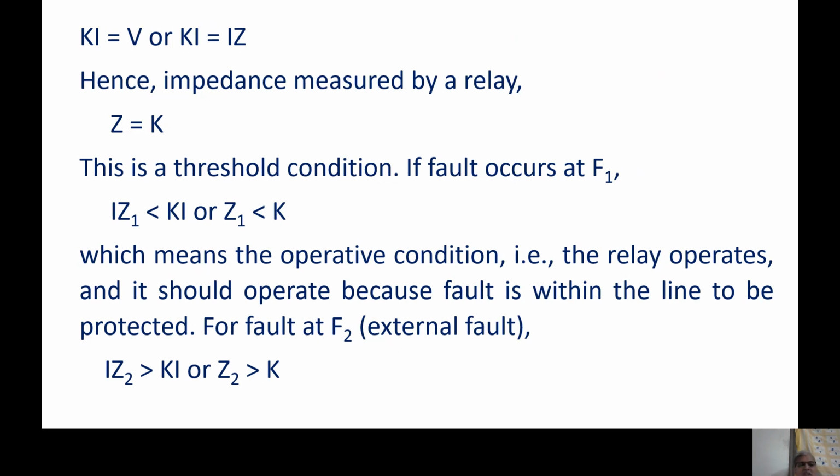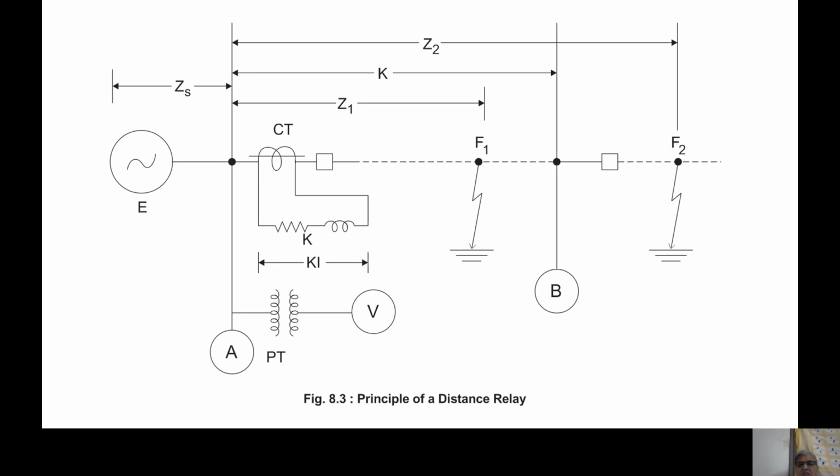Another way of telling, I Z1, that is fault current multiplied by Z1. What is Z1? Z1 is up to F1. So I1 into Z1 is obviously going to be less than Ki, right?